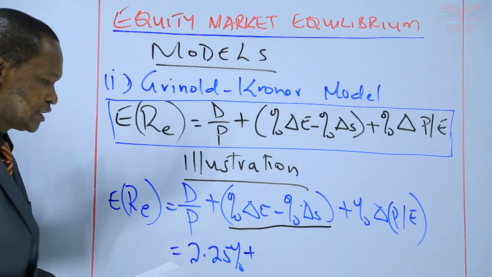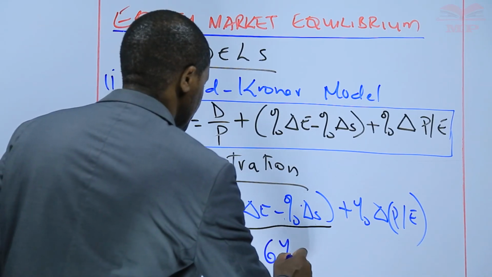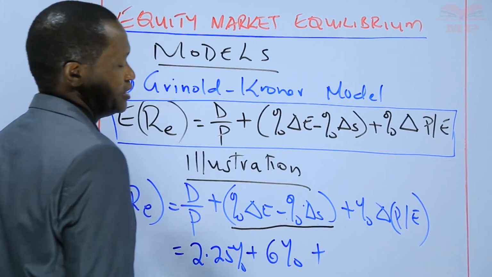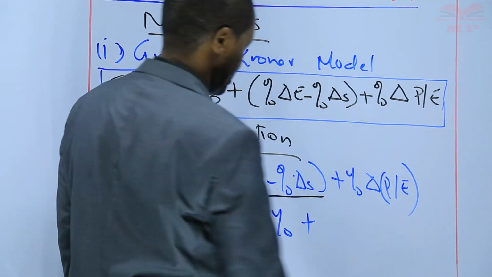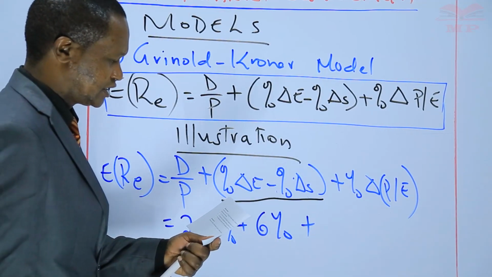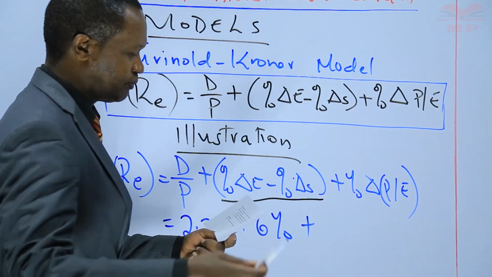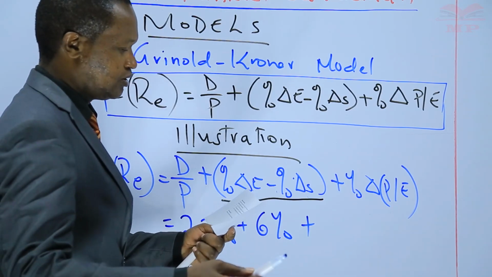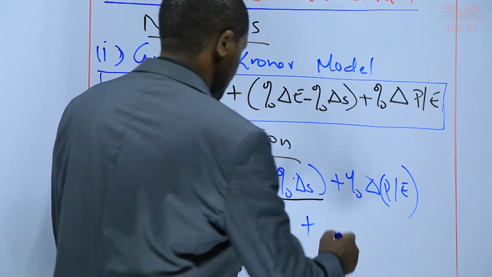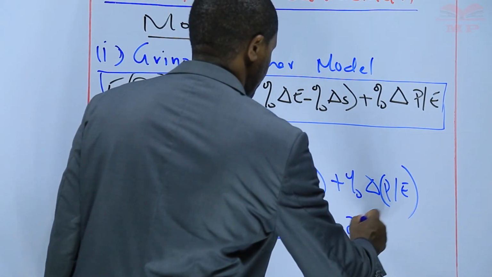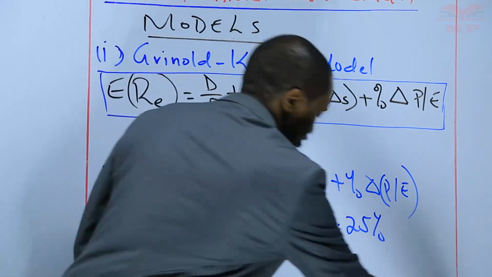Therefore, the growth rate per share will be 6%. We add 6% plus the expected percentage change in price earnings. That is the third note. We read an expansion rate for PE multiples of 0.25% per year. We're going to add 0.25%.